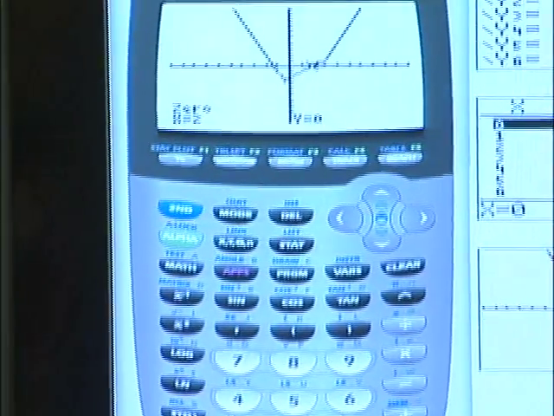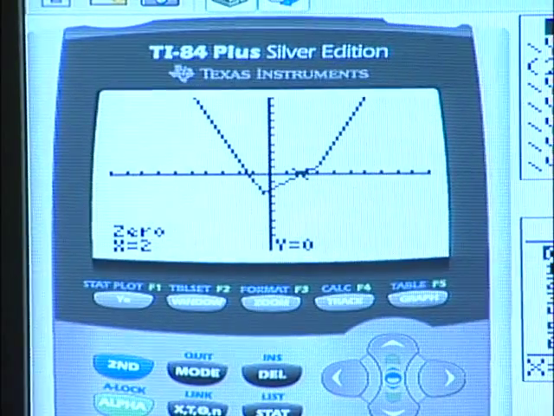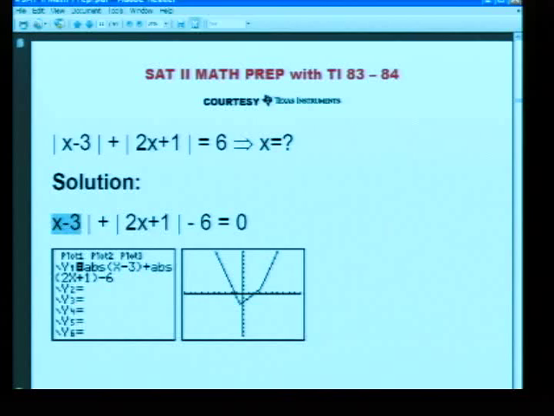And the second 0 is 2. So for this problem, we have found that the solution to this equation is minus 4 over 3, I'm sorry, and 2.